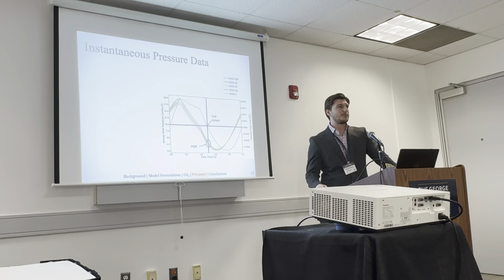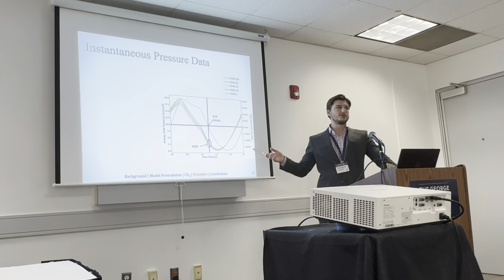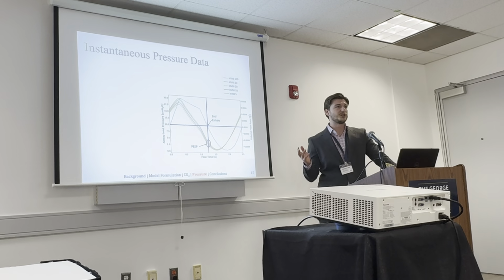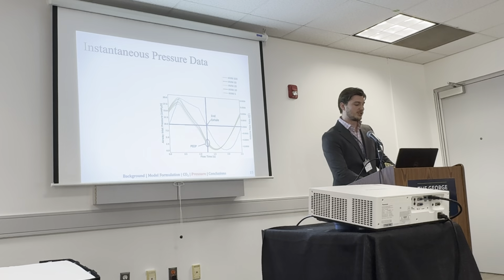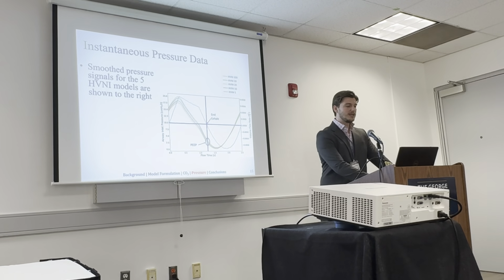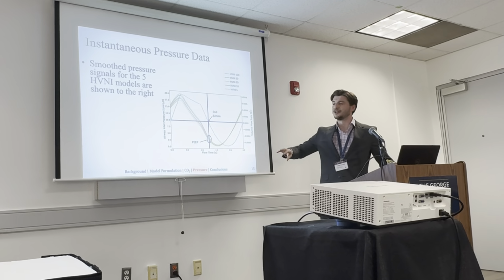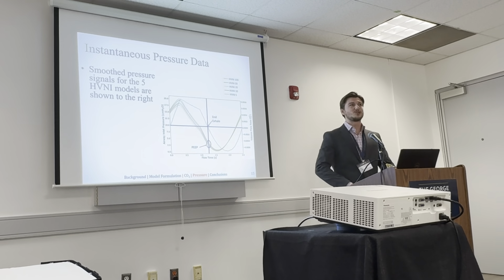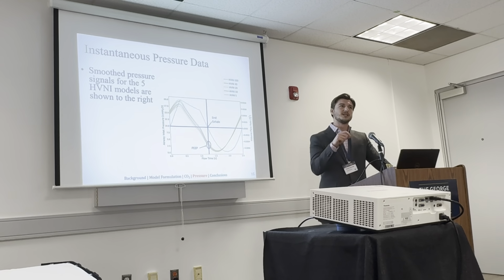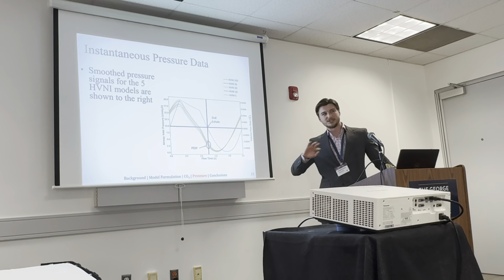Now we see a pretty similar plot to what we were looking at for CO2, but now it's instantaneous pressure for 5 different HVNI models, just as we're closing the mouth here. These pressure signals may look very smooth, and you say, wow, that's a lot smoother than I would expect. Something like an instantaneous pressure, I would expect to be a lot noisier. These were smoothed in post.